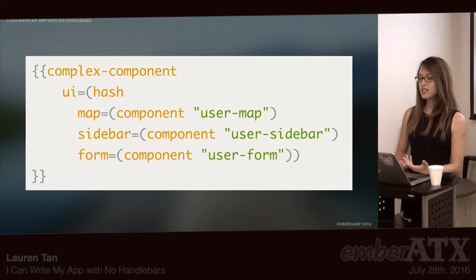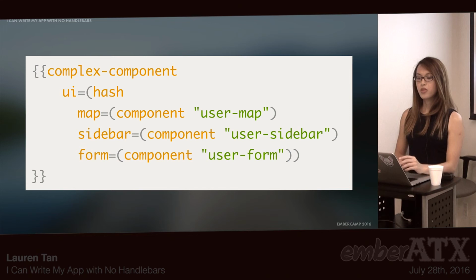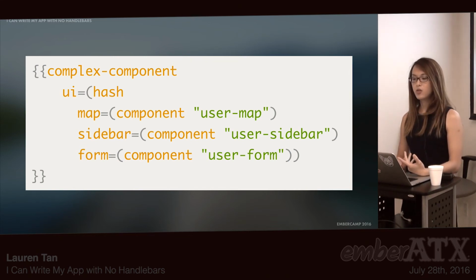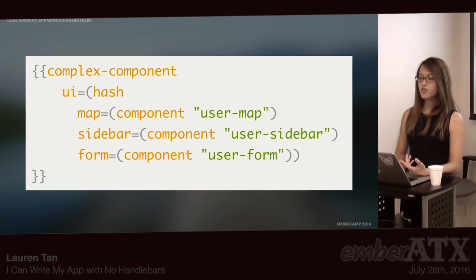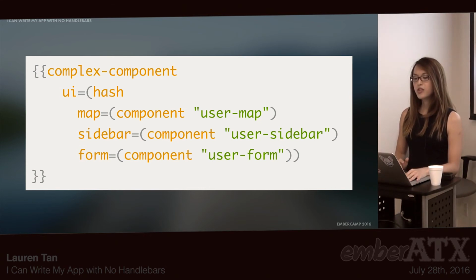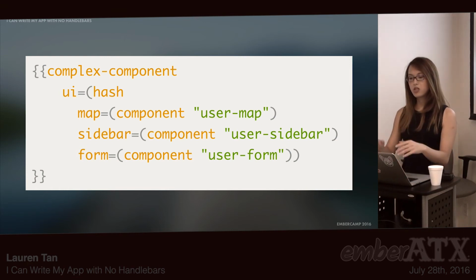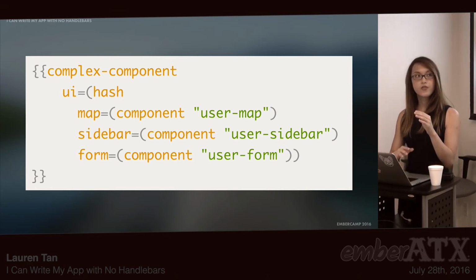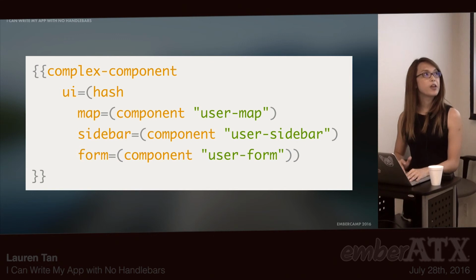To explain what dependency injection is, a simple way of explaining it is that you take away the dependencies that some object relies on and you explicitly pass them into that function. So here you can imagine we have some really complex UI component with 3 child components. Here I have a map, a sidebar, and a form.